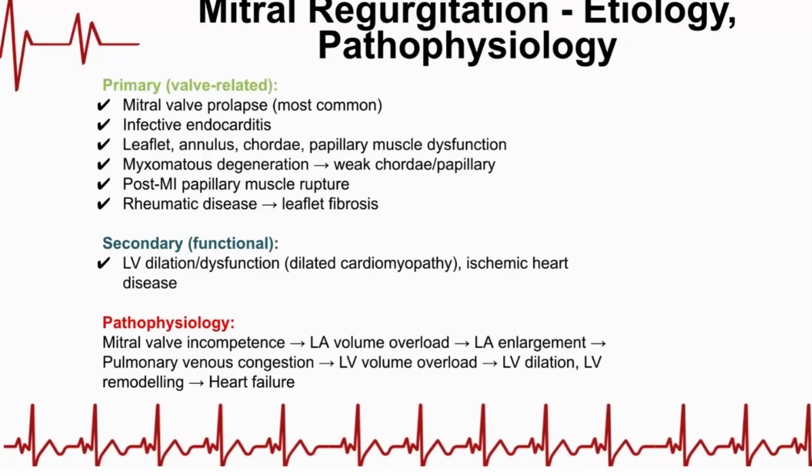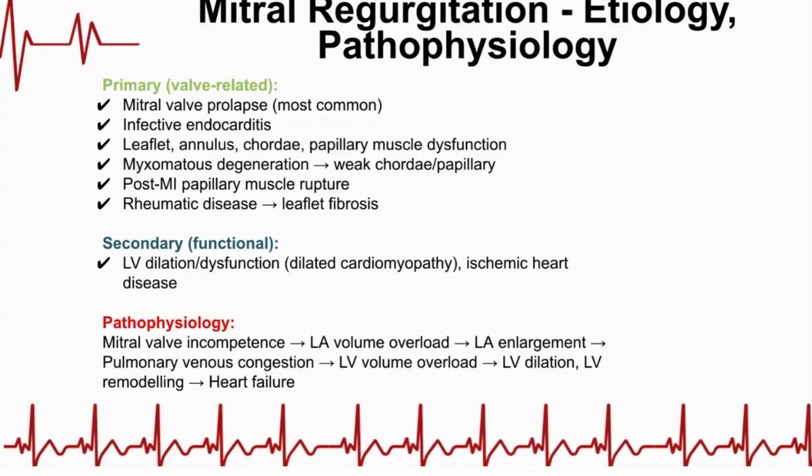As I said, we have secondary causes as well. These are kind of functional problems. When we have left ventricular dilation and dysfunction, especially in dilated cardiomyopathy, we have left ventricular remodeling. Left ventricular hypertrophic changes, for example, are an example of remodeling.